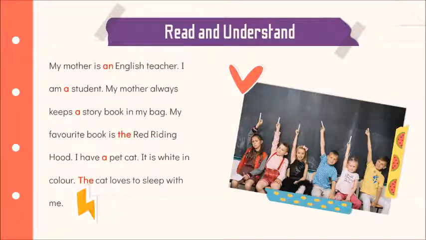It is white in color. The cat loves to sleep with me. As we've read this paragraph, children, I'm sure you've understood how we use the articles a, an, and the in sentences.